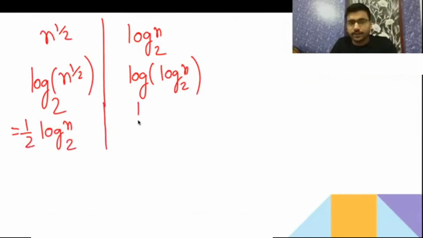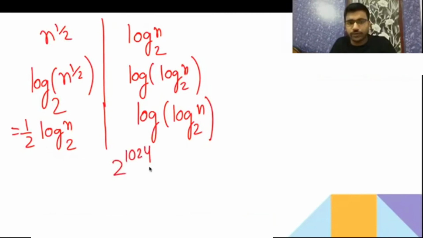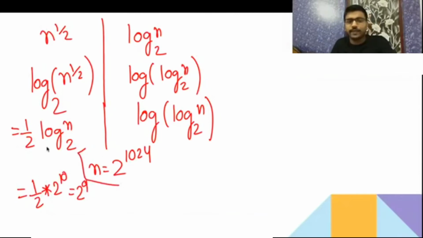Now you take n equal to 2 to the power 1024. So here you are going to get half into 2 to the power 10, that is going to be 2 to the power 9, because if you put n equal to 2 to the power 1024 in half log n, you are going to get 2 to the power 10 here, so it's going to total give 9.